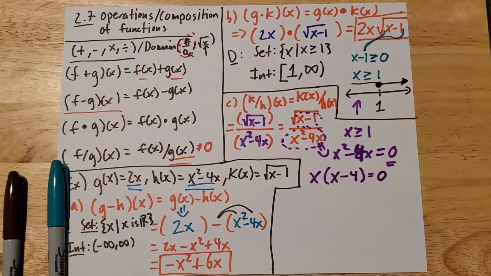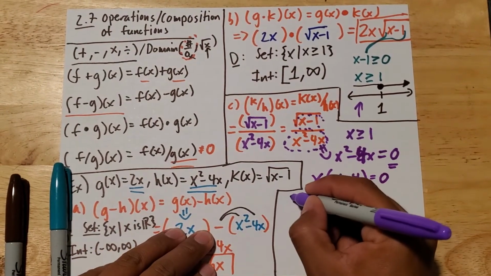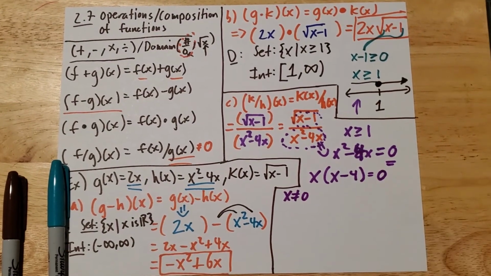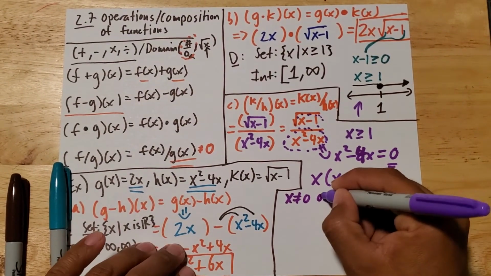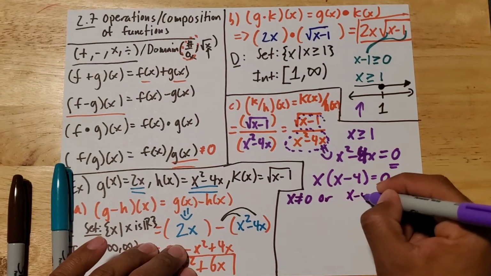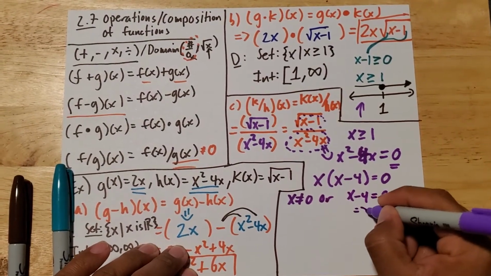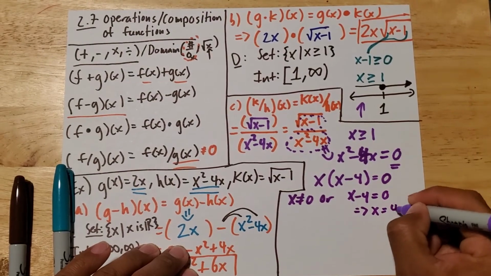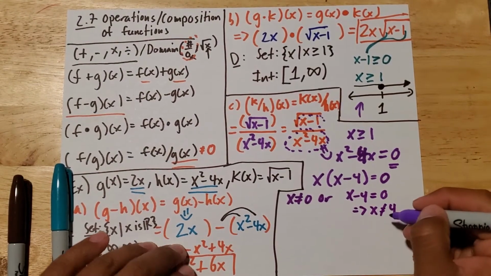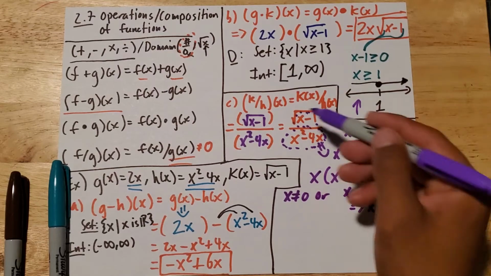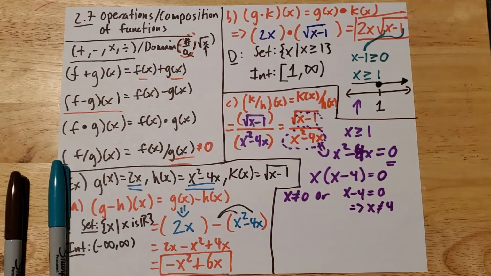So x cannot be equal to 0, because if it is, the function is going to be undefined. Or I set x minus 4 equal to 0, which gives me x equal to positive 4. I know I don't want x to be positive 4, because that is going to make this function undefined.